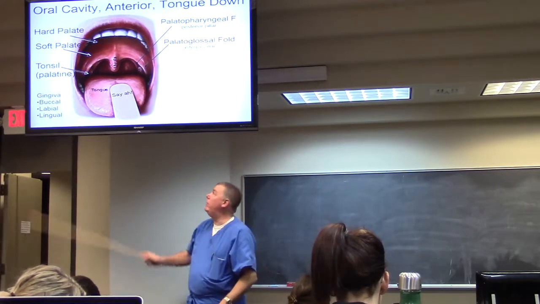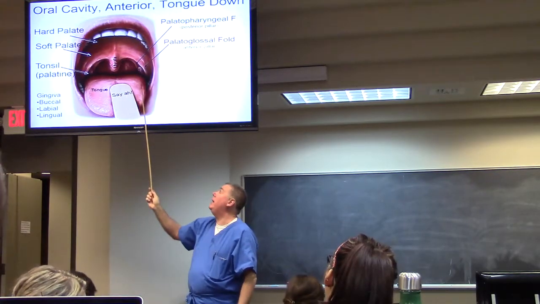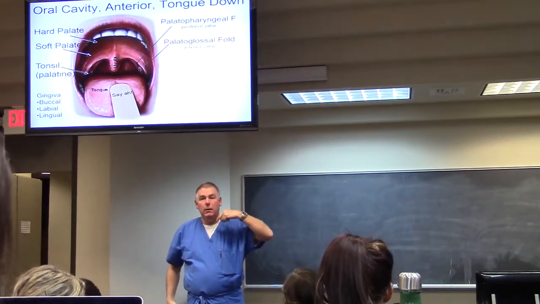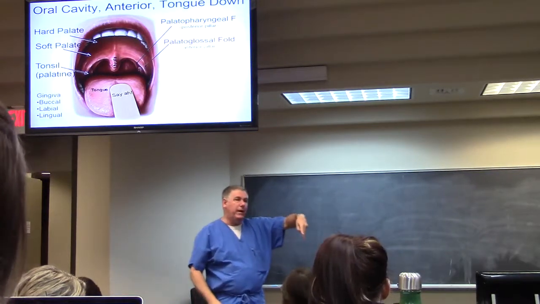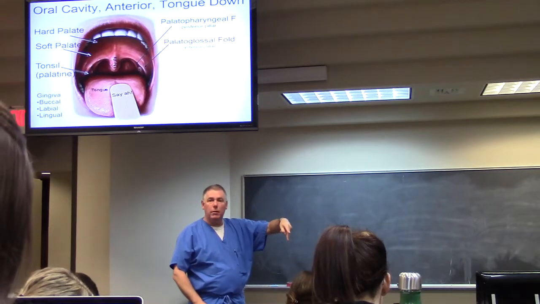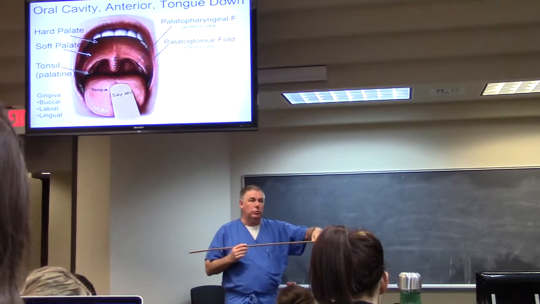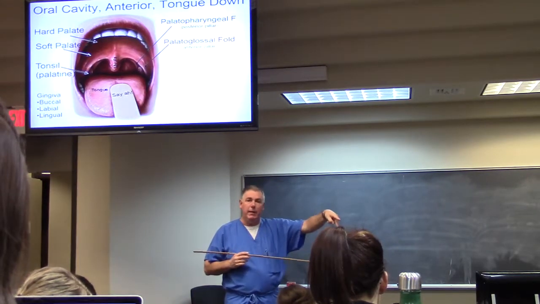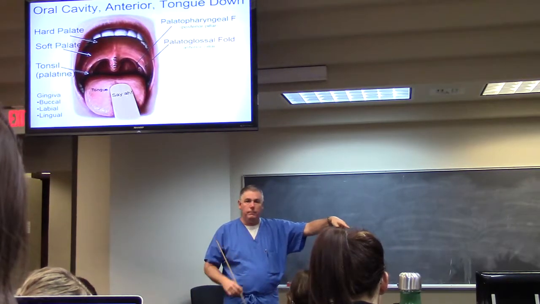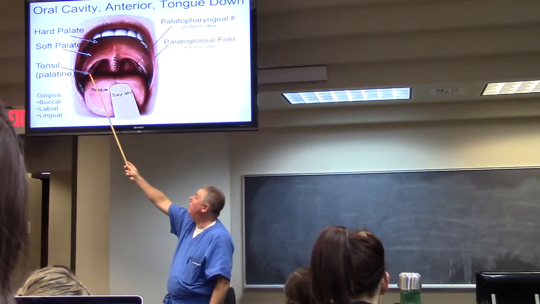Now, the palatopharyngeus fold extends from the palate down into the pharynx. But they form a V there, and that V is the tonsillar bed. The palatine tonsils are in that V. So that's where you would find the palatine tonsils, right there.